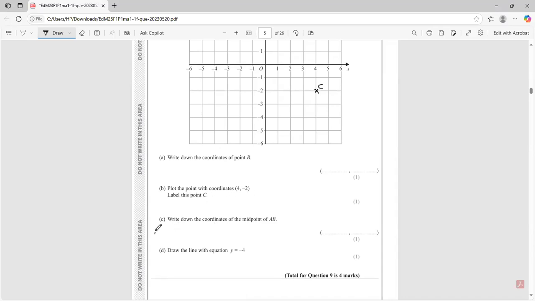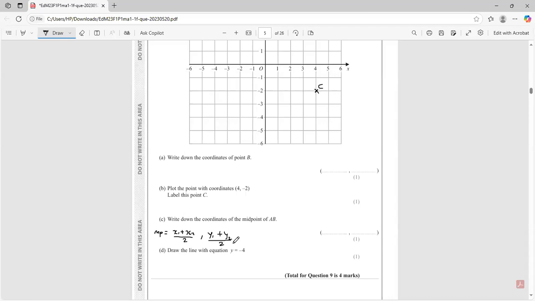Midpoint MP is given by (x1 + x2) divided by 2, comma, (y1 + y2) divided by 2. Does it look familiar?